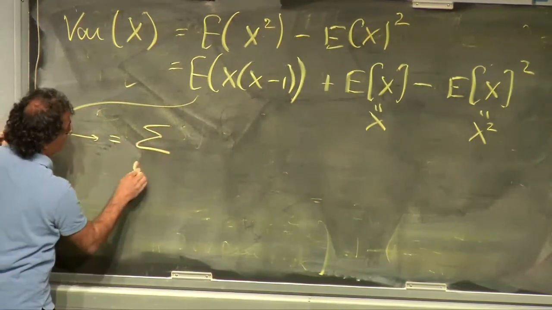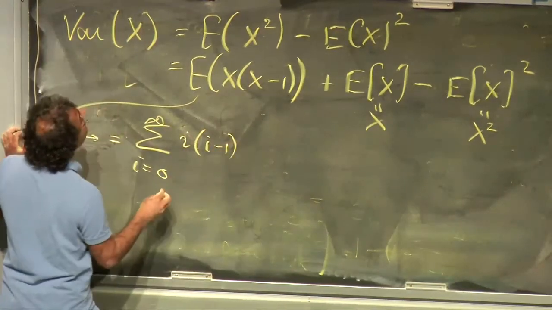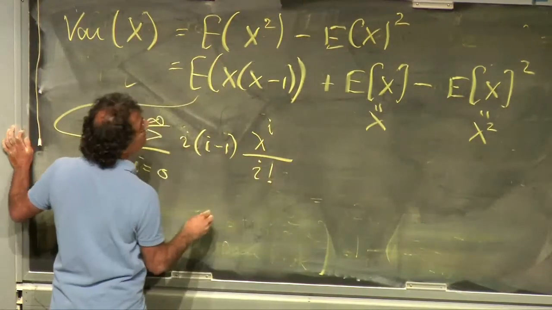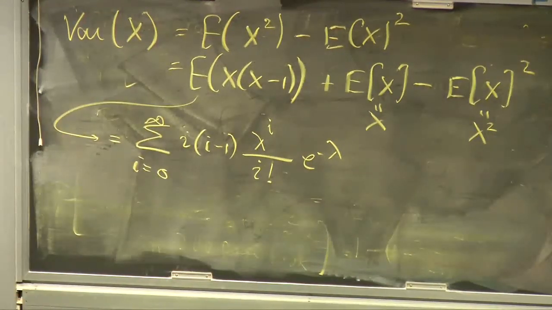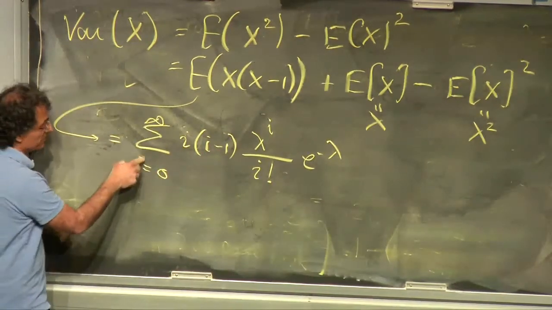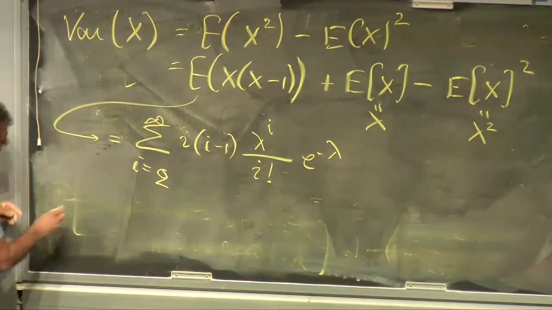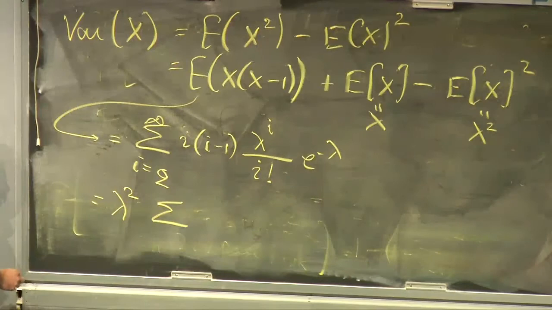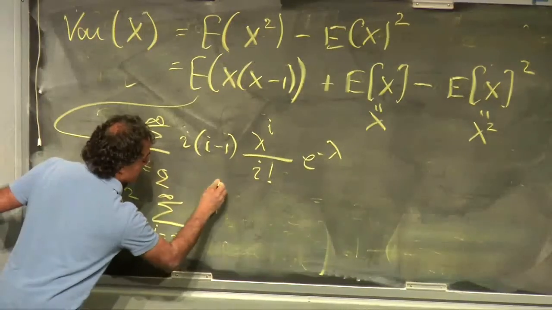This is summation i equal to 0 to infinity of i times i minus 1 times lambda to the i over i factorial e to the minus lambda. And now, because we have i times i minus 1, we only want to start from i equal to 2 to infinity. And so we pull out lambda squared times summation i equal to 2 to infinity lambda to the i minus 2, right?